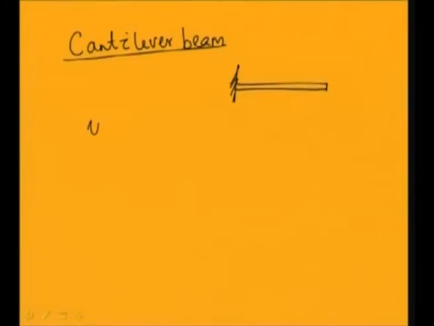So, the boundary conditions are u(0, t) equal to 0 and del u by del x at x equal to 0 equal to 0. So, both displacement and slope are 0.